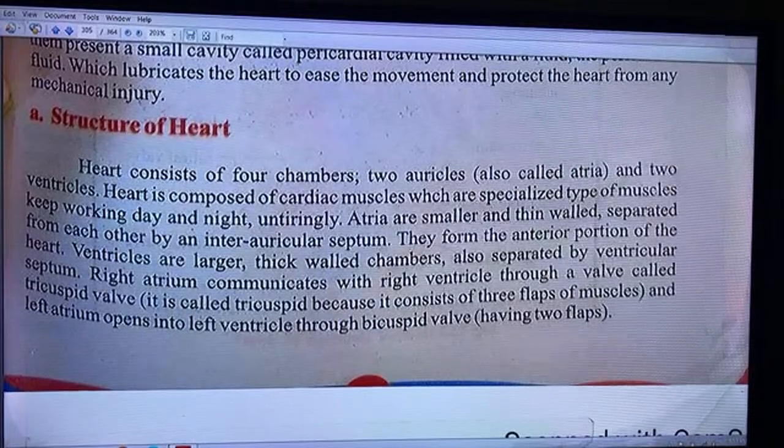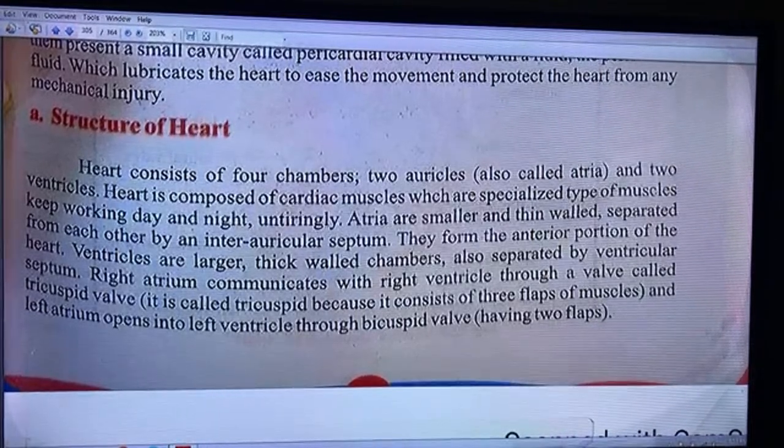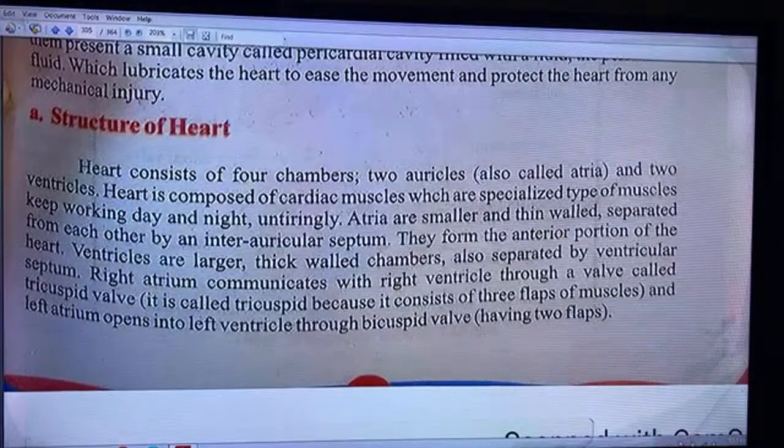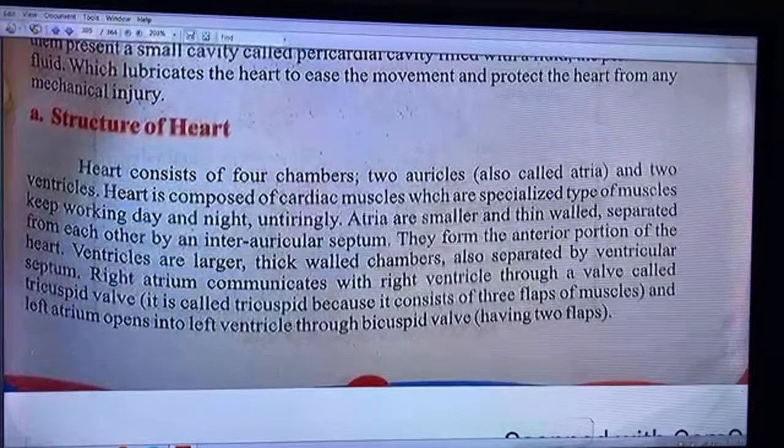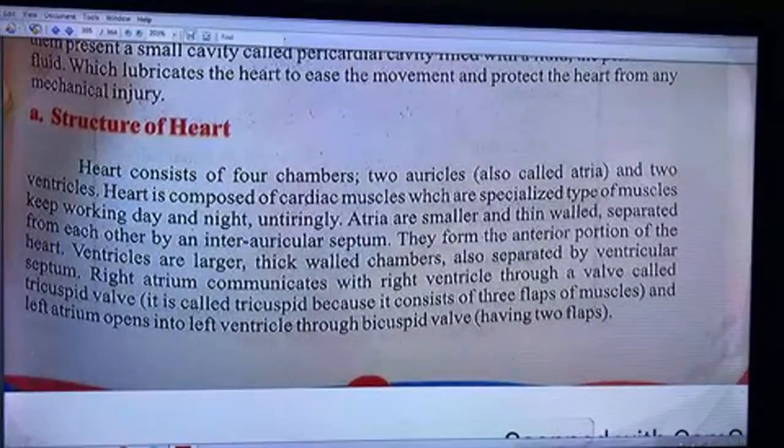The right atrium communicates with the right ventricle through a valve called the tricuspid valve. It is called tricuspid because it consists of three flaps of muscles. And the left atrium opens into the left ventricle through the bicuspid valve, having two flaps.